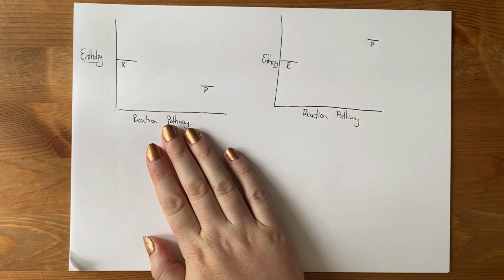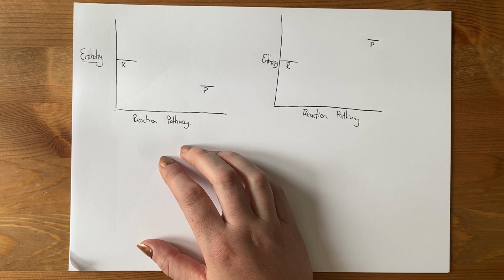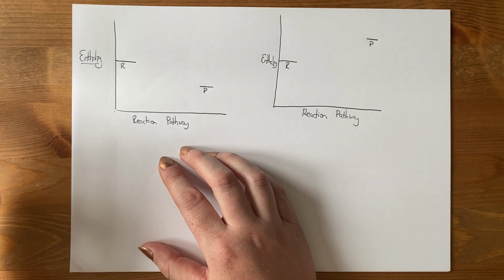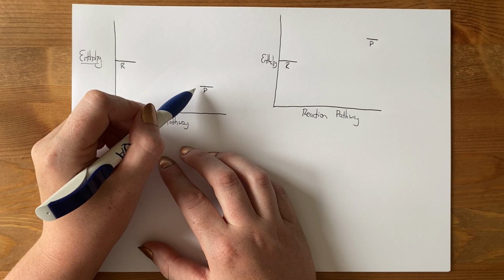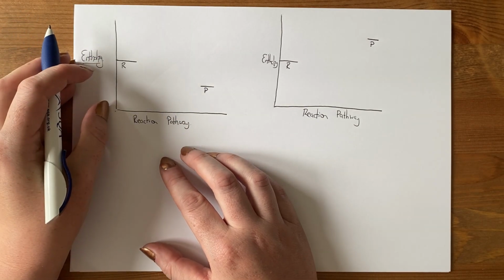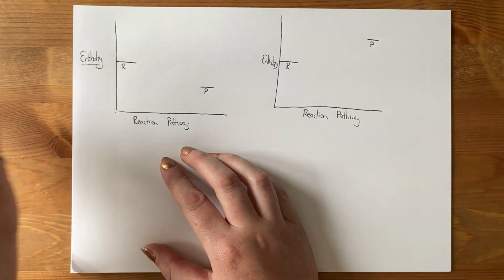So let's think about what happens in my reaction. Reactions don't just happen. Okay, I'm not just going to put in two chemicals and they're instantly going to react. Sometimes at room temperature that might be enough, but I'm not just going to have a line that runs straight down here, downhill, as if that's going to be energetically favourable. We've mentioned before that there's this activation energy that needs to be met.